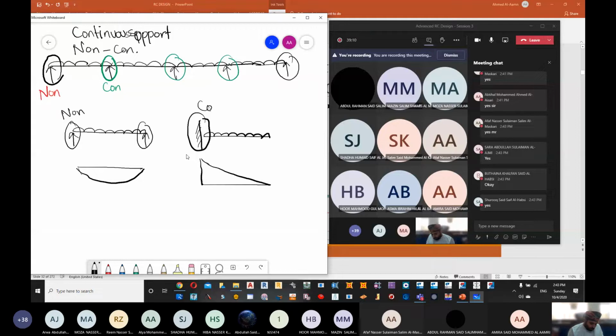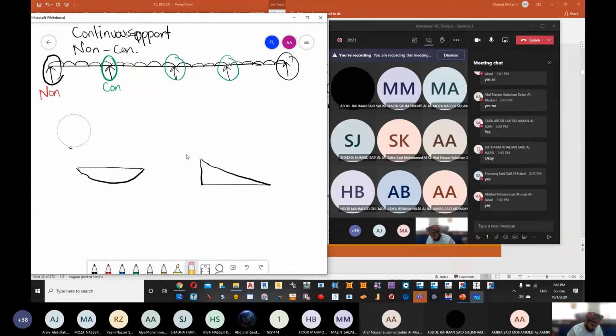So what I'm going to try to do is erase these and draw the bending moment diagram. For the bending moment diagram, I'll just draw a line, and I'll draw the supports.